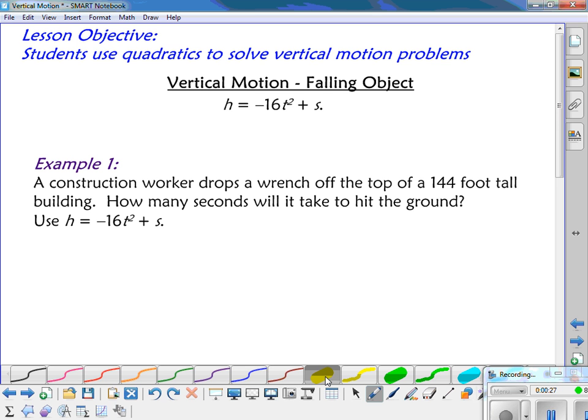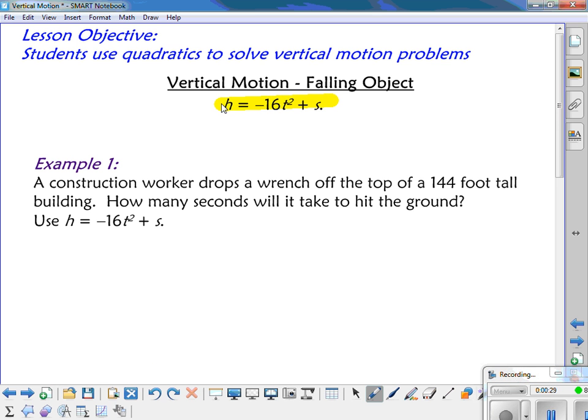So the first one we'll be dealing with is a falling object. It can be modeled using h equals negative 16t squared plus s.